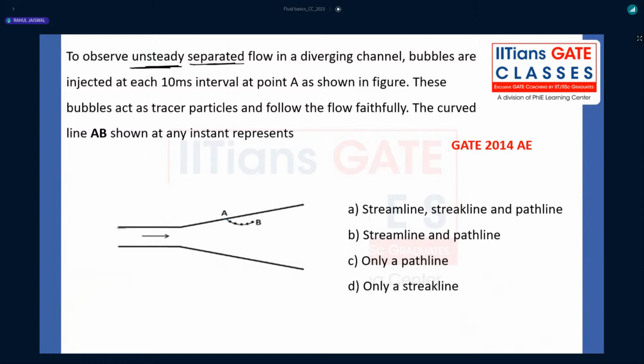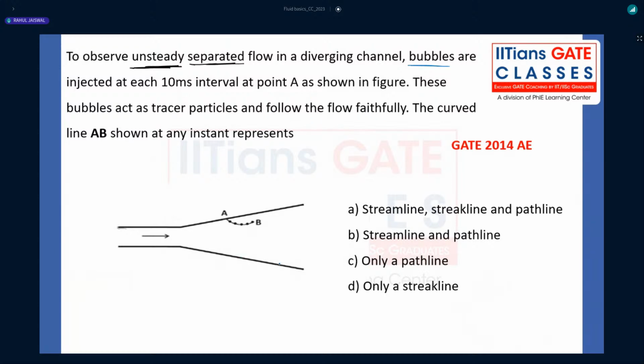Some of the flow field has separated off from the solid wall because pressure might be so high that it is going to reverse its direction. Now, the fluid particles have been replaced by bubbles. These bubbles are being injected at 10 microsecond intervals at point A. This bubble acts as a tracer particle and follows the flow faithfully.